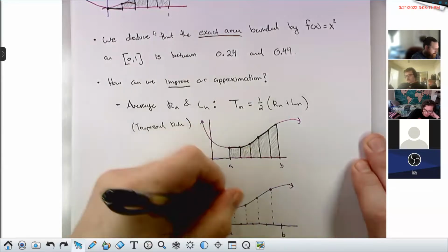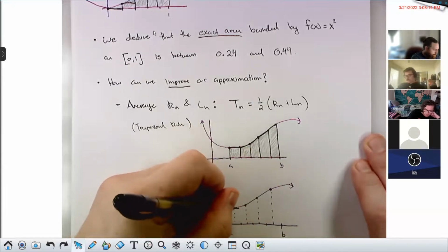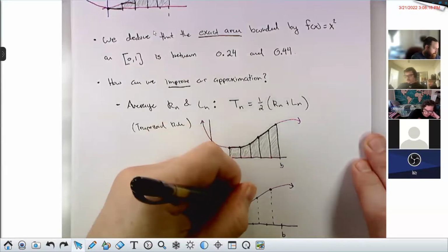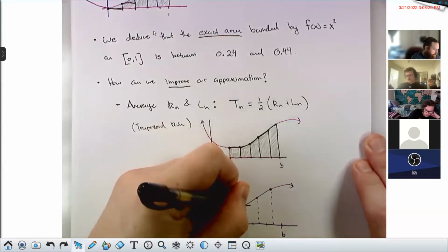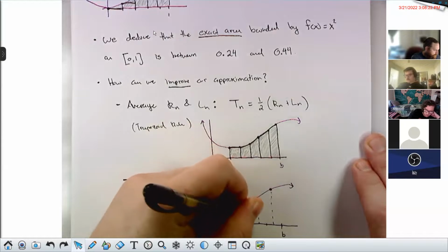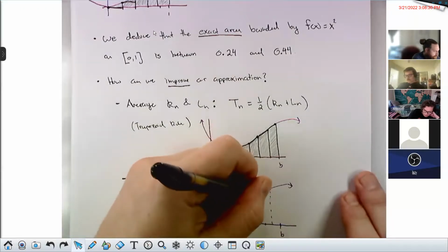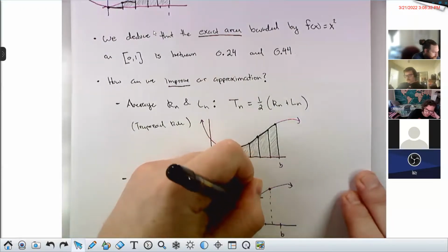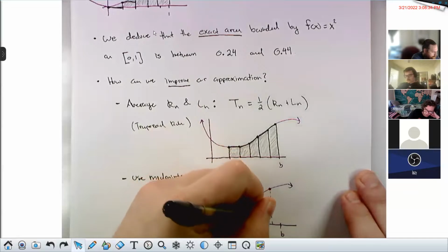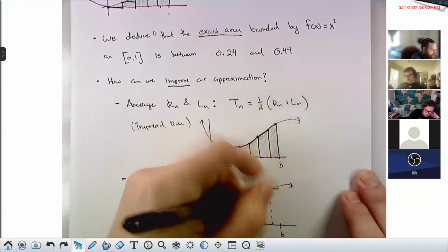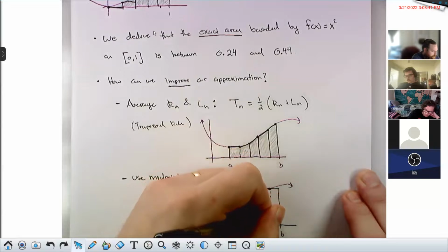So I take my height to come from the center of each of these subintervals instead. So here's my first rectangle. It'll look like this. Second rectangle would look like this. My third rectangle looks like this. And my final rectangle in this picture would look like this.